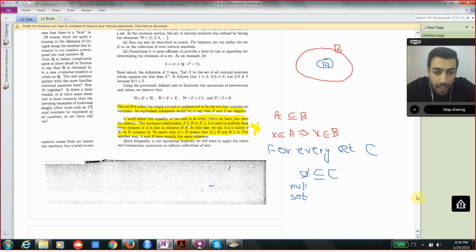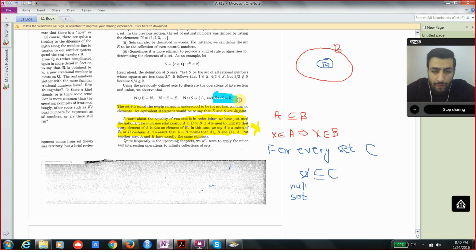The set is called the empty set. Yes. Right? To be the set that contains no elements. Okay, so now he's referring to, so you have to go back a little bit. He's actually talking about this statement right here.